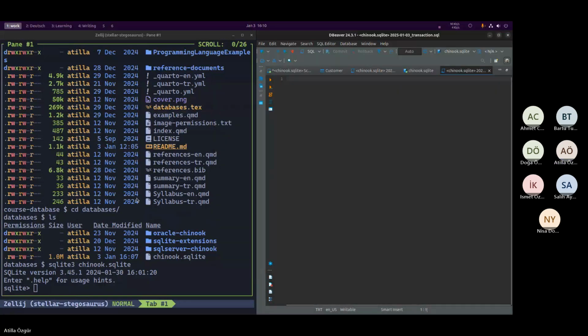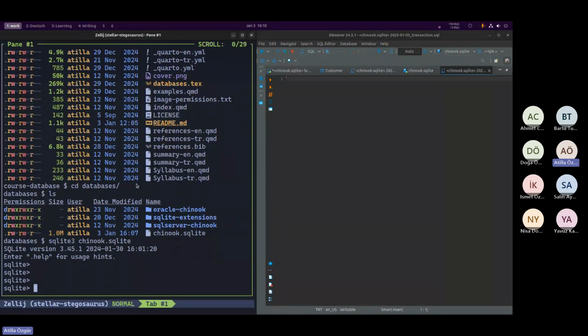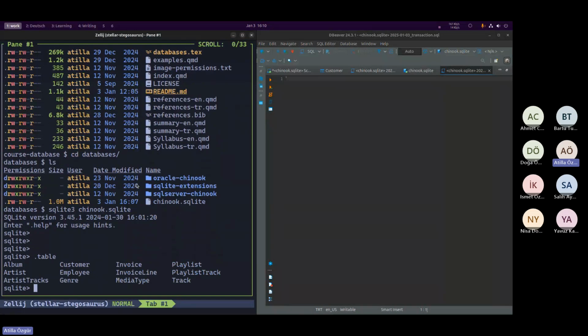Okay. To be able to show the transaction, I need to show two users. One user will be this SQLite command line. The second user this DB viewer. Of course I can use two different command lines, or two different DB viewers, but using two different user interfaces will be much better. Okay, let us show this one.